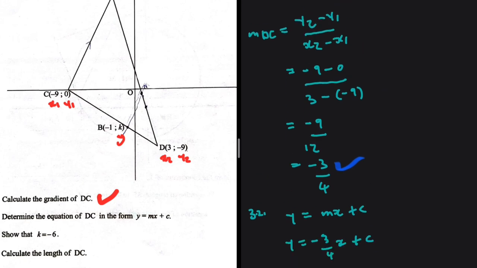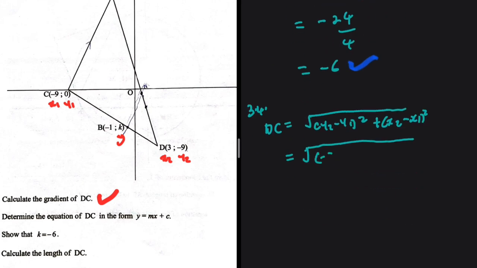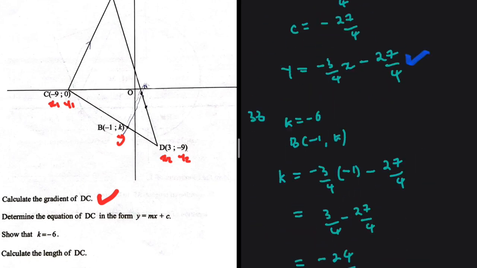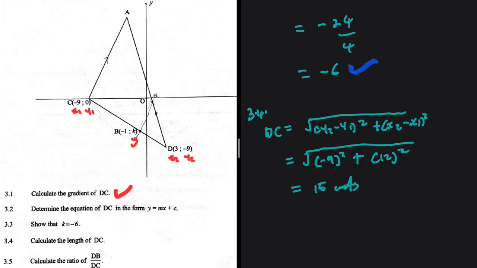Y2 minus y1 is minus 9. So I have minus 9 squared plus x2 minus x1, which is plus 12, so plus 12 squared. Now you just put that in your calculator and DC is equal to 15 units.